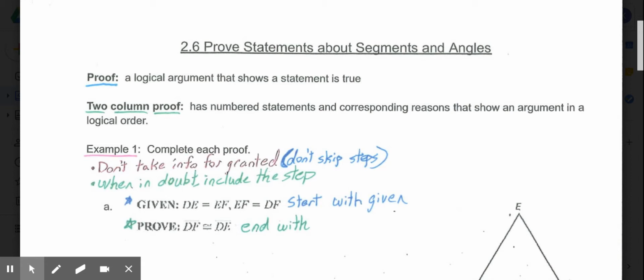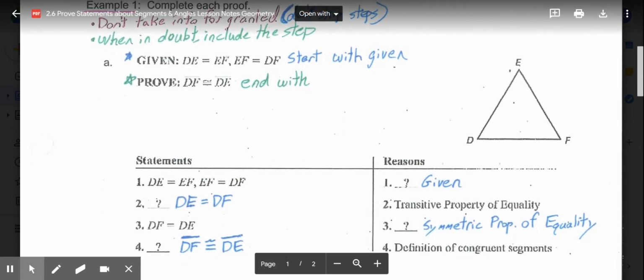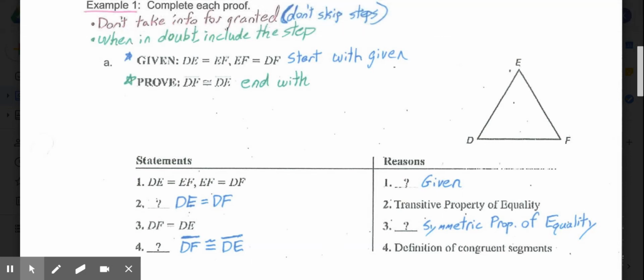Looking at our first proof, any good proof will always start by giving us some information, most likely a diagram or a scenario, and then the final prove statement.